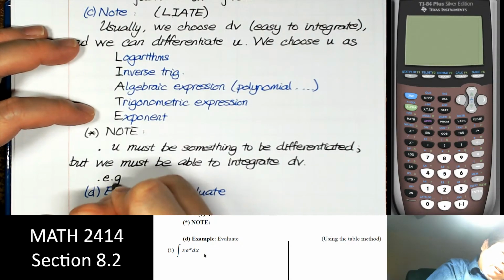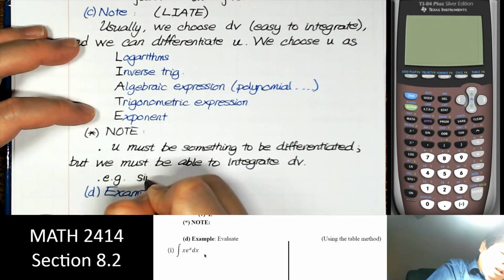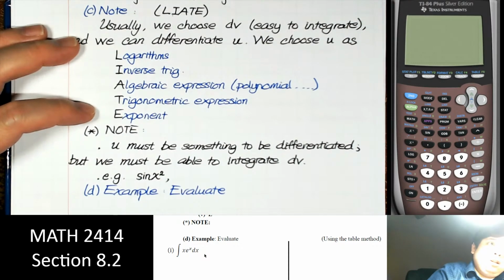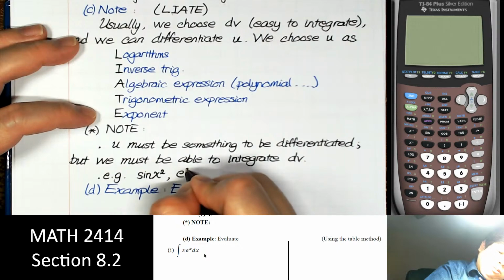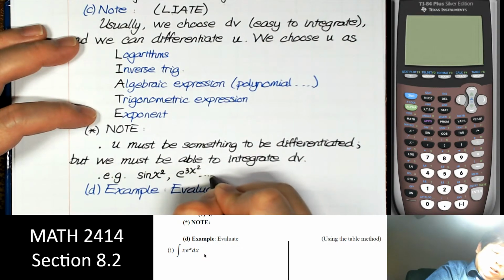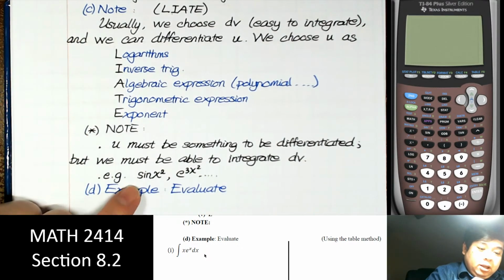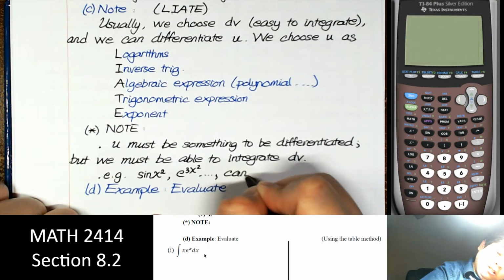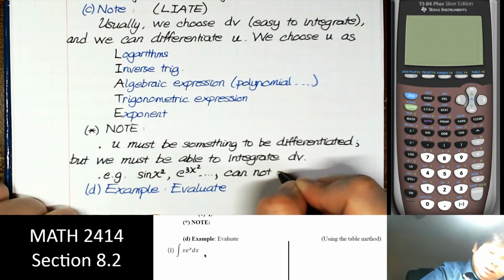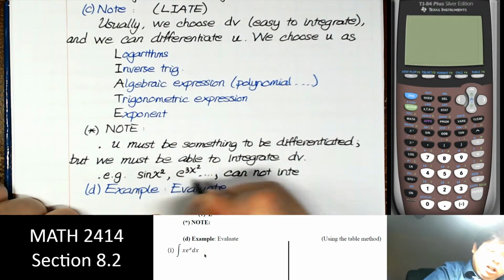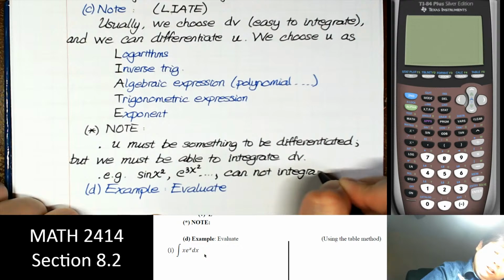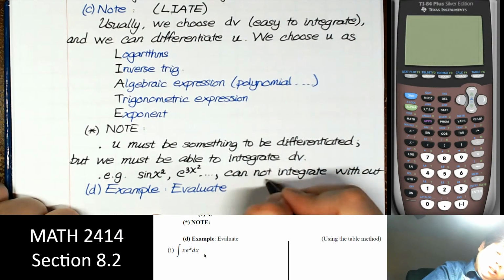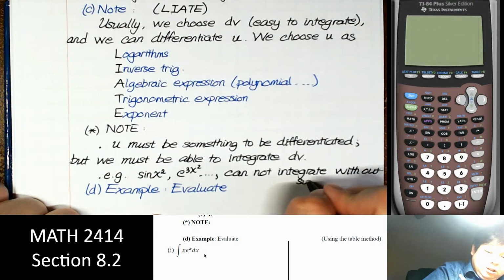I'm just writing some examples here. Sine x squared or e to the x squared. Where we have something like that, we cannot integrate without substitution. We cannot integrate this function without substitution.